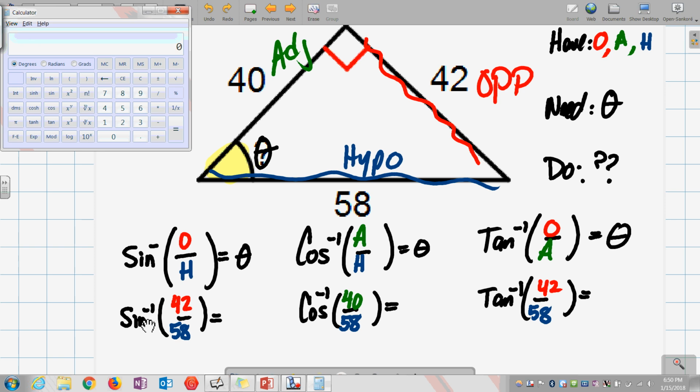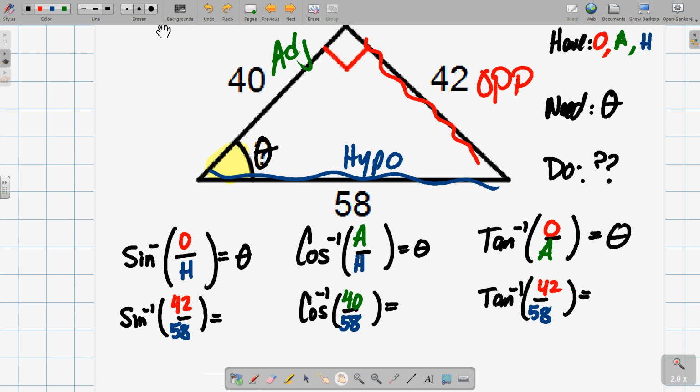Okay, so first I'm going to do the inverse sine. So watch what I do over here. I'm going to go 42 divided by 58, equal sign. Inverse, notice the -1 there, sine is approximately, I'm rounding to the nearest whole degree, approximately 46 degrees.